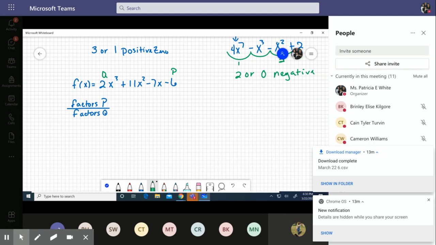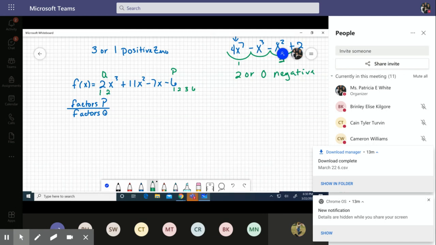P is my last term, my last constant. Q is my leading coefficient. Okay? Factors of P are 1, 2, 3, and 6. Factors of Q are 1 and 2.